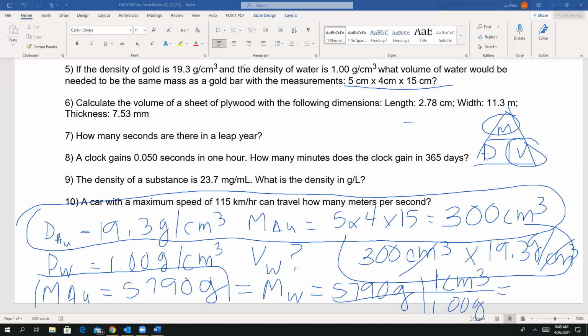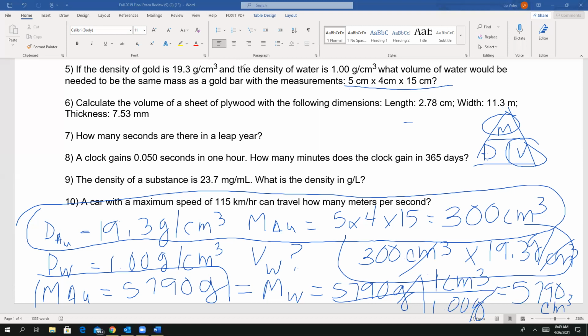So then the answer is 5,790 cubic centimeters, see? Does that make sense? Okay. That would be your answer. Your volume of water is that, same as the mass of gold.